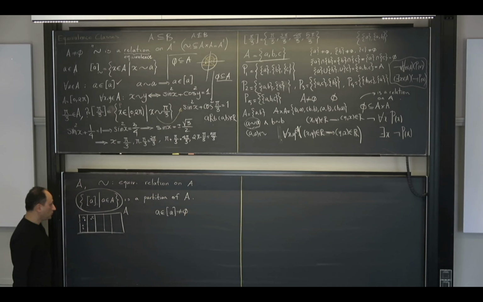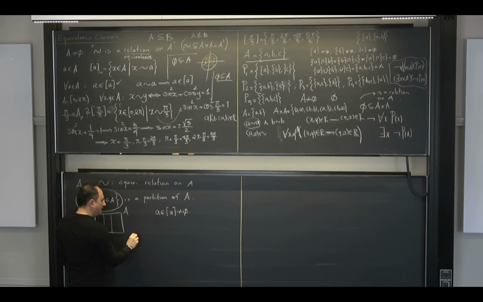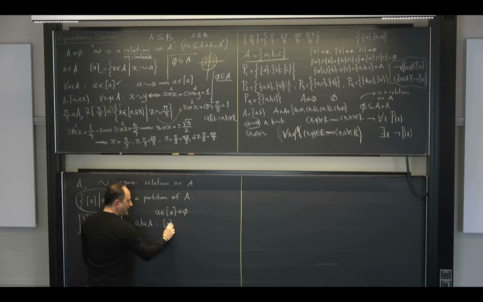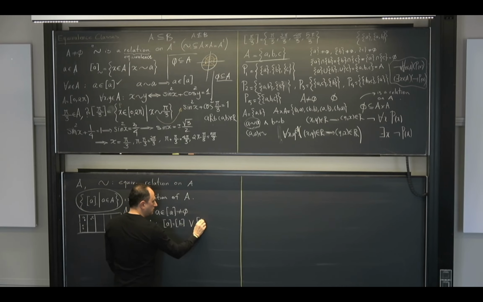Okay? Now what I want to prove for you is this. My claim is that if you pick two elements from A, there are two extreme cases that might happen. Either the equivalence classes are exactly the same, or suddenly they have nothing in common.